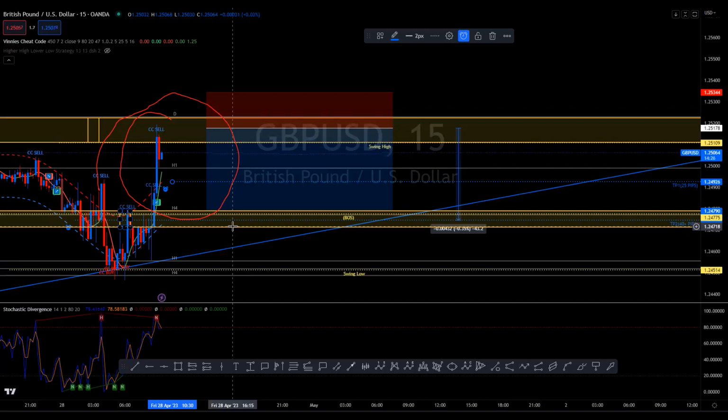We're going to learn this price action. It'll be a retest. Let's see.